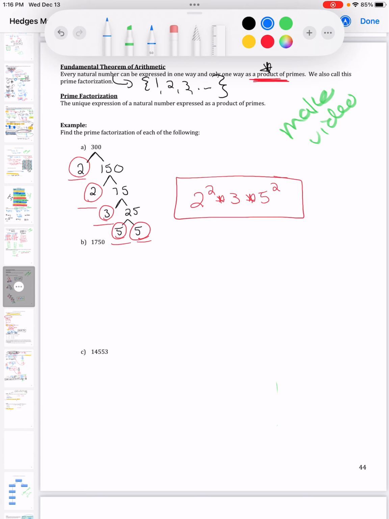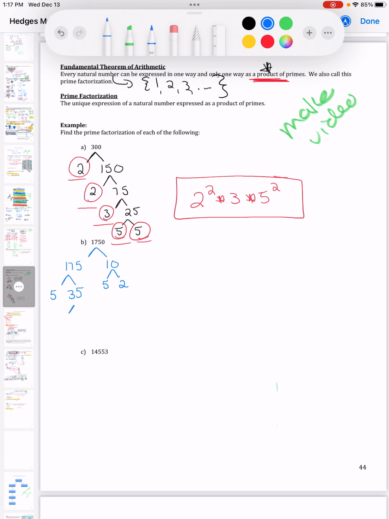Let me do one more. 1,750. I see this ends in 0, so I know it's divisible by 10. Well, neither one of these are prime, so I need to keep going, breaking them down into products of primes. Keep going, thinking about what things multiply together, and the ultimate goal is to end up with prime numbers. Let's see, 175, I know that divides by 5.